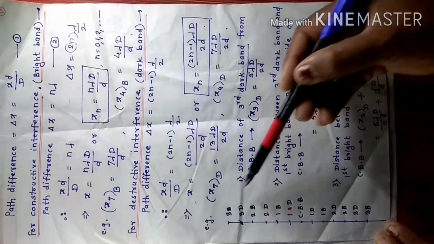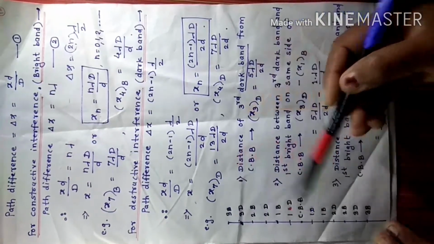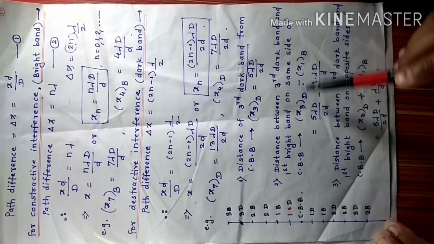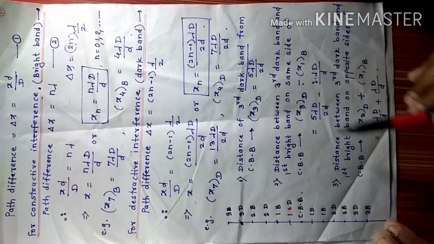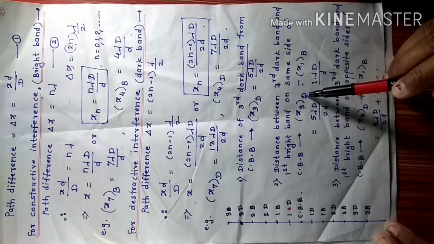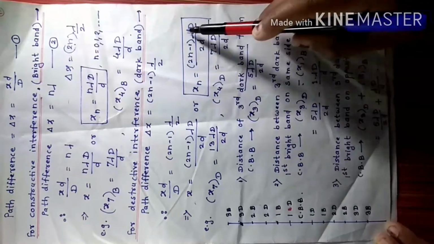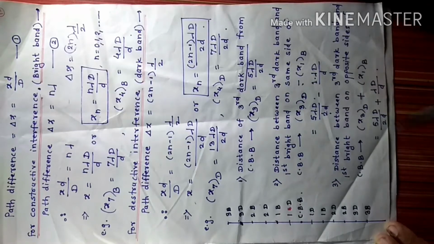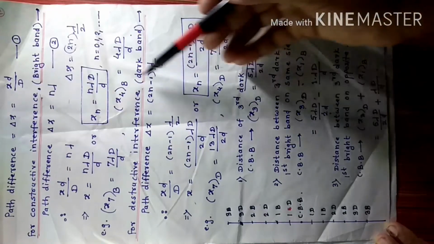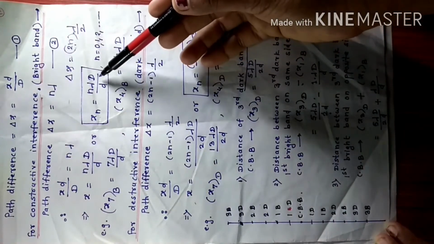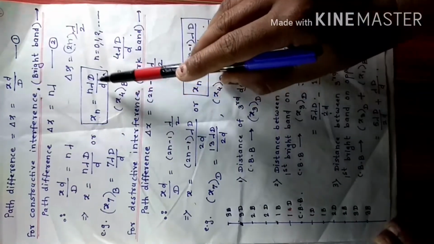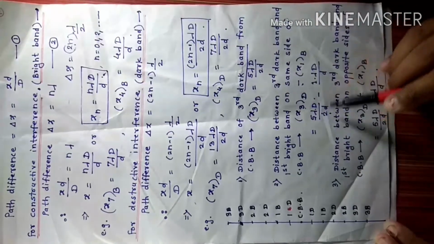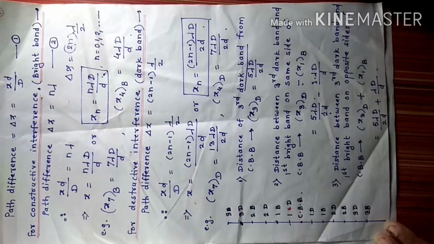Note that if the bands are on the same side of the central bright band, we have to subtract these two distances. So x3d is 5 lambda capital D upon 2d, and for the first bright band we use the bright band condition: 1 lambda capital D upon small d. After solving this you will get the result.